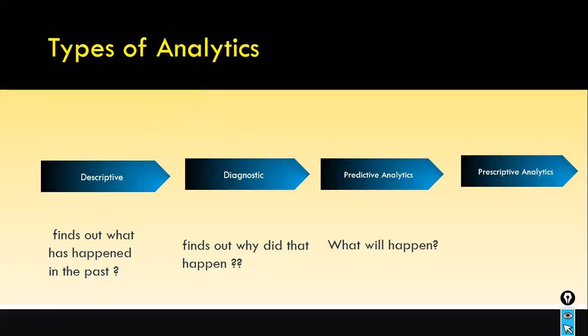Other thing is, you can mitigate the risks, or preempt the risk, by predicting the future with predictive analytics. A lot of machine learning algorithms and deep learning algorithms are available. With that, we are able to predict more accurately.